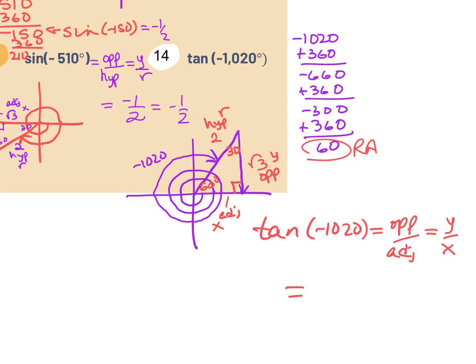So opposite over adjacent, root 3 over 1 simplifies to just square root 3. Remember, in quadrant 1, everything is positive, so we should be getting a positive answer here. So again, just another little way to double check your signs.